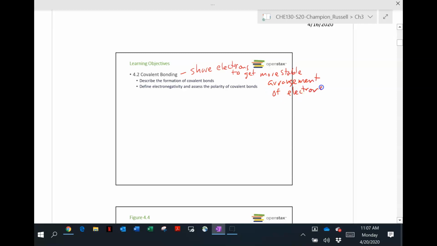And we'll talk more about the nuts and bolts of doing that in probably our next video. So we're going to describe how those form briefly, and then describe this concept of electronegativity and polarity, and work with that just a little bit.